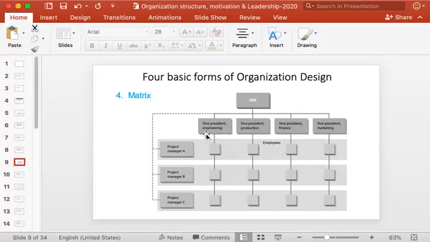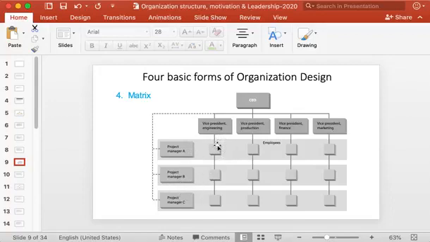Here you can see the functional departments: engineering department, production department, finance department, marketing department. And here you can see project A, project B, project C, with a project manager for project A, B, and C.